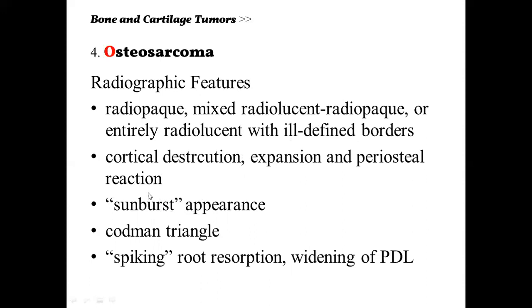Aside from the sunburst appearance, we also see the Codman triangle and spiking of the affected teeth because of root resorption. There is also widening of the PDL in osteosarcoma.